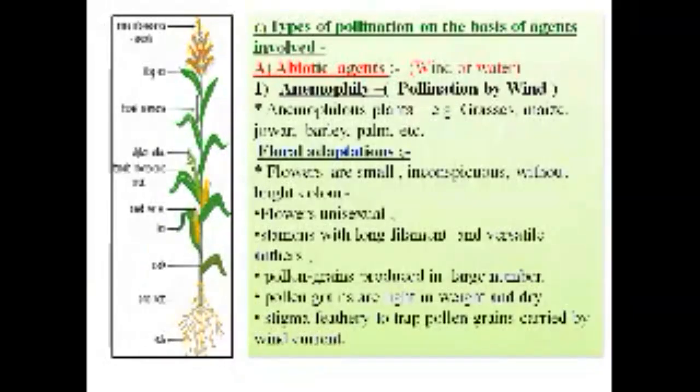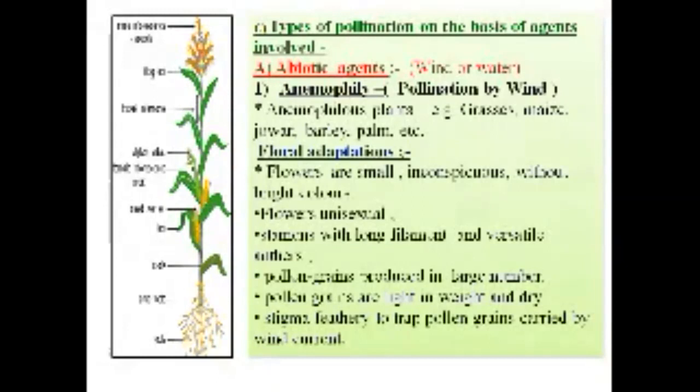Then the types of pollination on the basis of agents of pollen. First is the abiotic agent and second is biotic agents. Abiotic agents are non-living, for example, wind and water. First one is anemophily. What is anemophily?